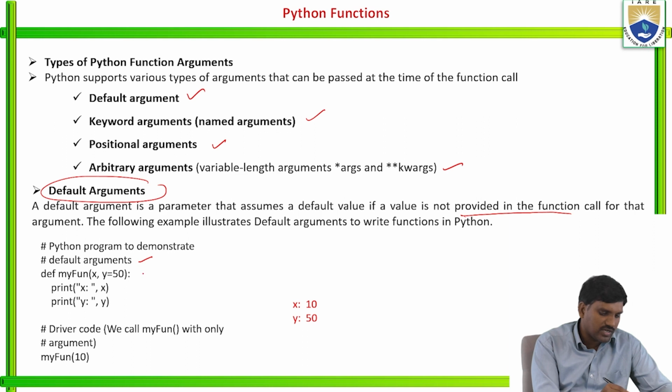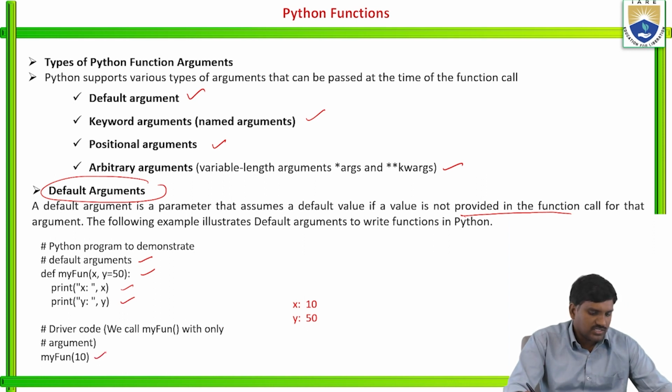So the definition: def myFunction(x, y = 50), and print x is colon x, y colon y. In the driver code we may call the function with only one argument, myFunction(10). So you can give the value 10.